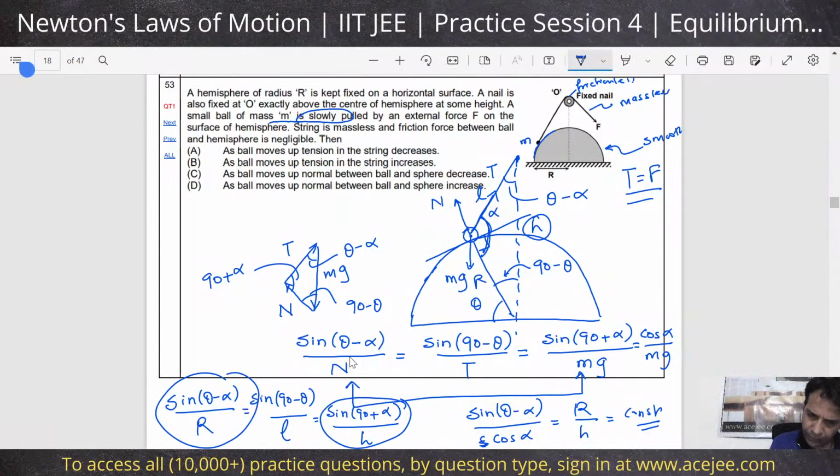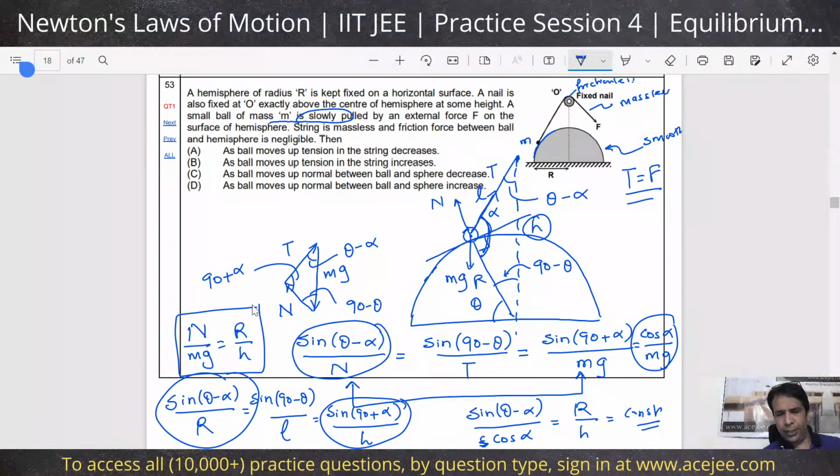Using this and this, that gives me N by mg is also constant. Correct, beta? Since R and h are not changing, your N is not changing. So your normal between the ball and the sphere does not change. Correct? Yes, sir.